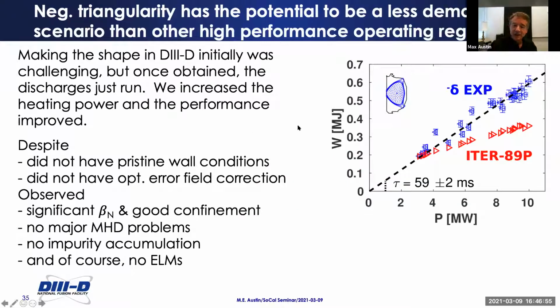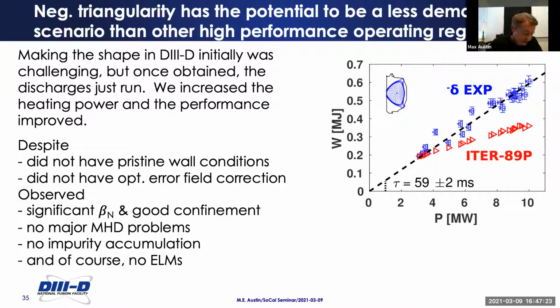And finally, this is something that really doesn't lend itself to just showing data, but it's something I'd like to mention. In running these negative triangularity discharges, they were initially, of course, a challenge to create due to the radically different shape. But once these were made, they turned out to be very easy to run.